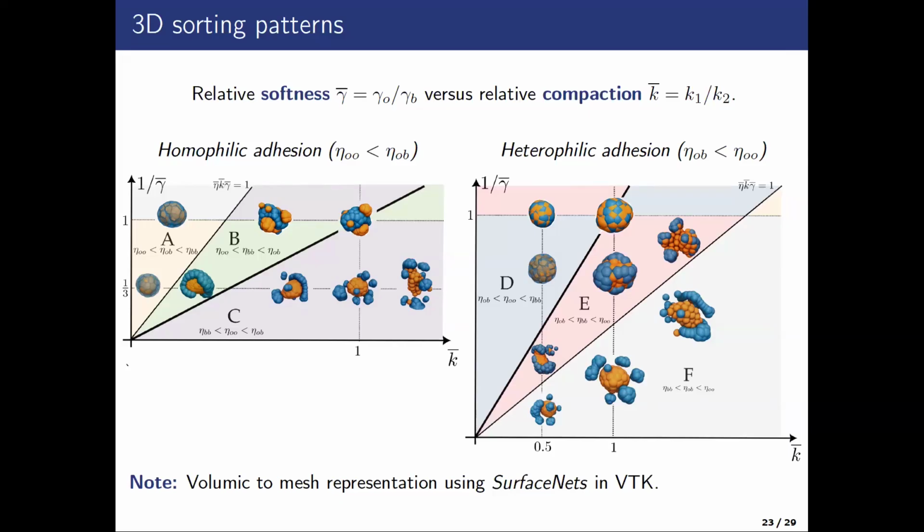Since it's so important for medical image visualization, the people who work at Kitware really worked on a very fast volume to mesh algorithm, which is SurfaceNets 3D, implemented in VTK and accessible in PyVista. I think it's the contour labels function, and that's really a game changer for this kind of back and forth. And the cost of doing that is less than the cost of solving the optimal transport problem, so you don't see it in practice.